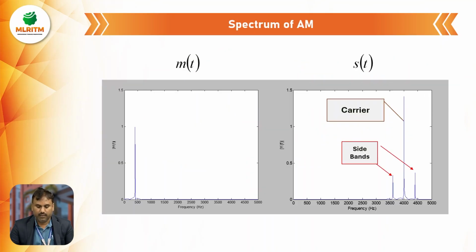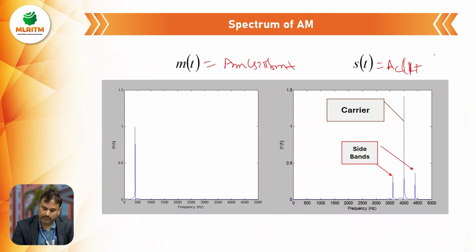Suppose m of t is Am cos 2 pi fmt, and s of t is AC into 1 plus k into Am, so m of t, into cos 2 pi fct.